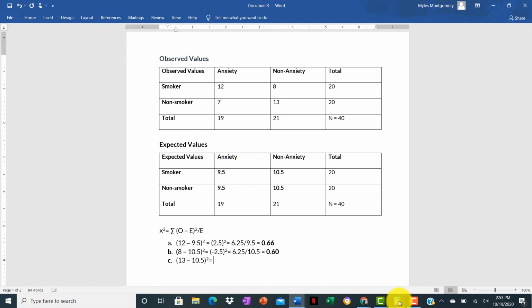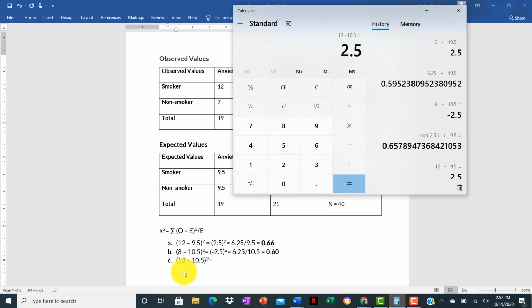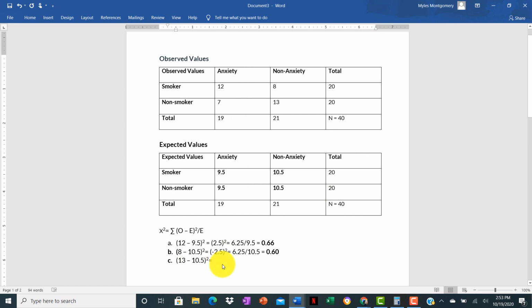I already know the answer, but I'll walk through it with you real quickly. 13 minus 10.5, sorry about that. All right, let's go with that. You knew that was going to be 2.5, right? Okay, let's do that, 2.5, squared.